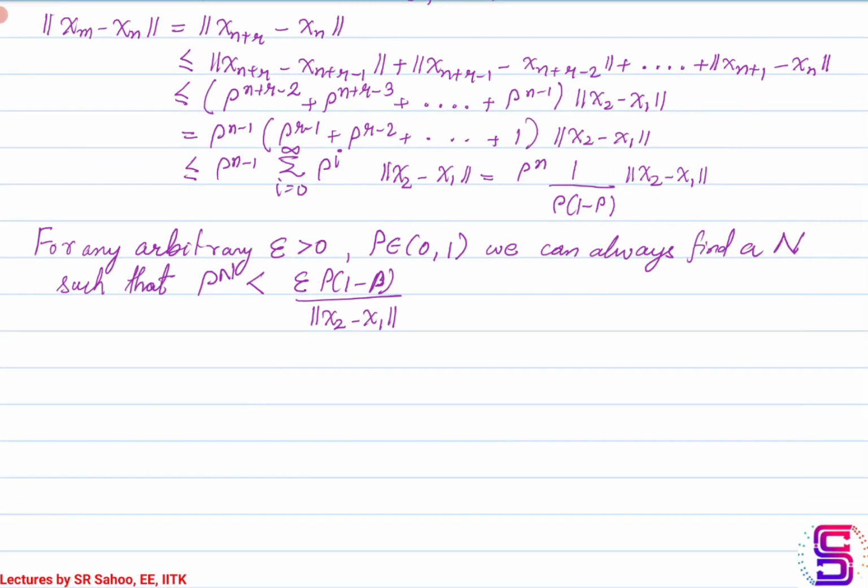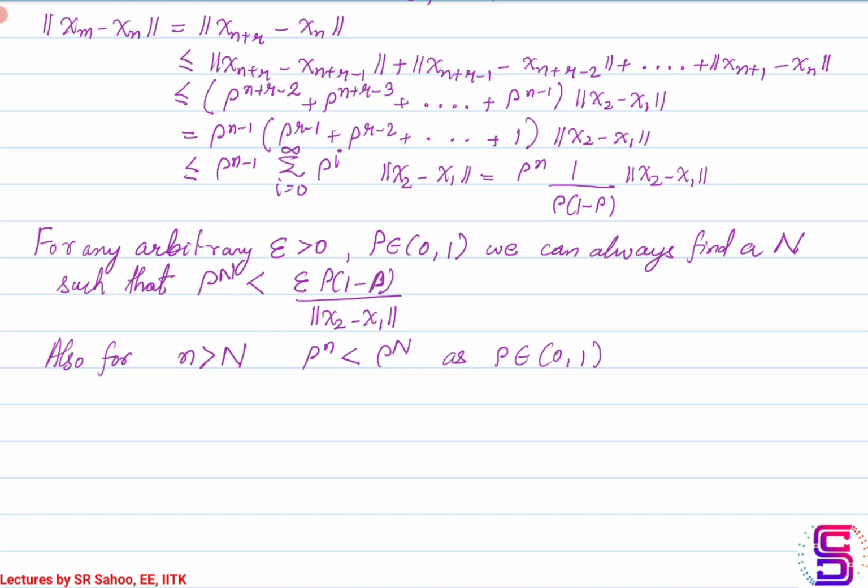Also, for n greater than capital N, we have rho^n less than rho^N, again because rho is greater than 0 but less than 1.